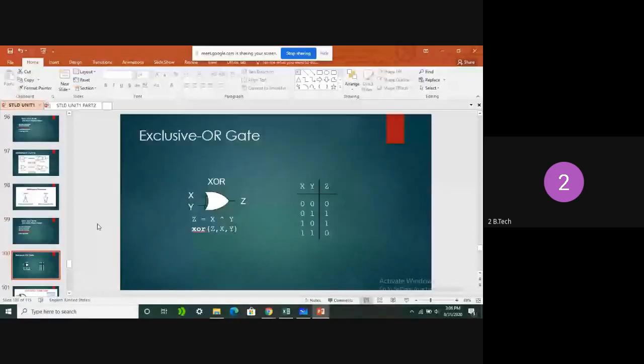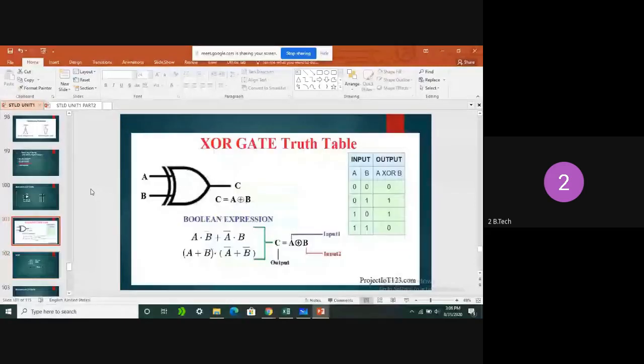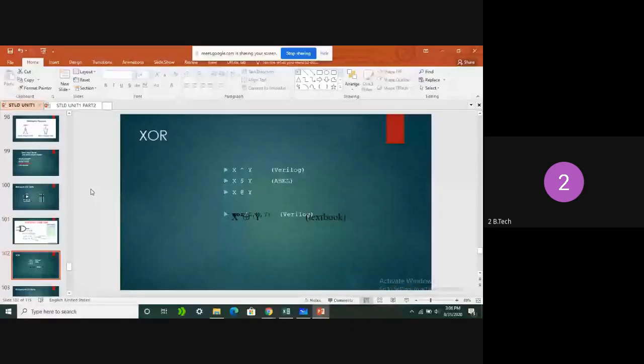Two more special gates are there: exclusive OR and exclusive NOR. XNOR gate is also there. With this, most of the logic gates can be completed.